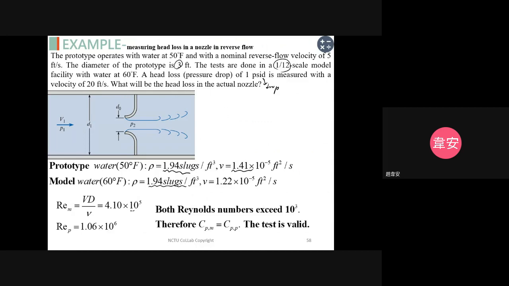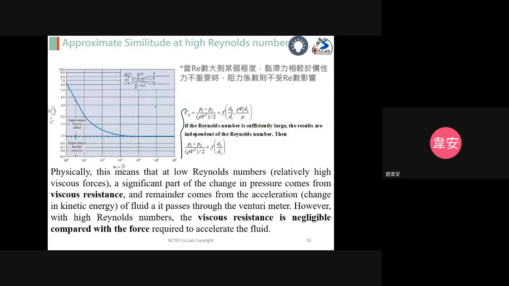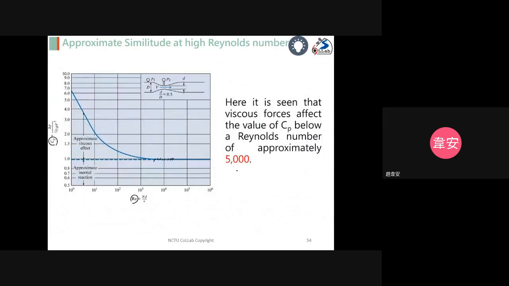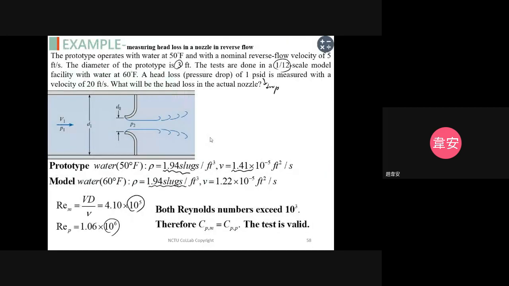Please notice that the Reynolds number is high enough, it is larger than the certain threshold of 5,000 we wrote here. So that means over this range of the Reynolds numbers, the pressure coefficient is not sensitive to the Reynolds number increase. So we can directly say the pressure coefficients are also equal for the model and the prototype.